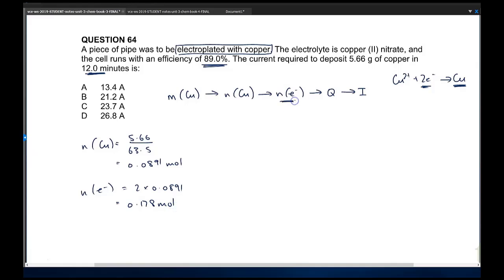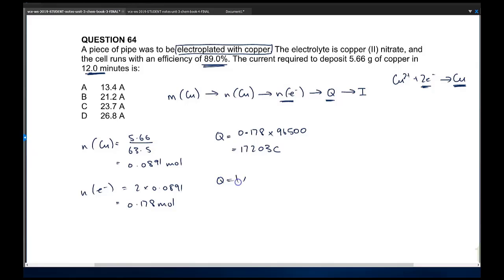Okay, once I've got mole of electrons, I can find Q. So Q equals the mole of electrons times the charge on 1 mole of electrons, which is 17203 coulombs.